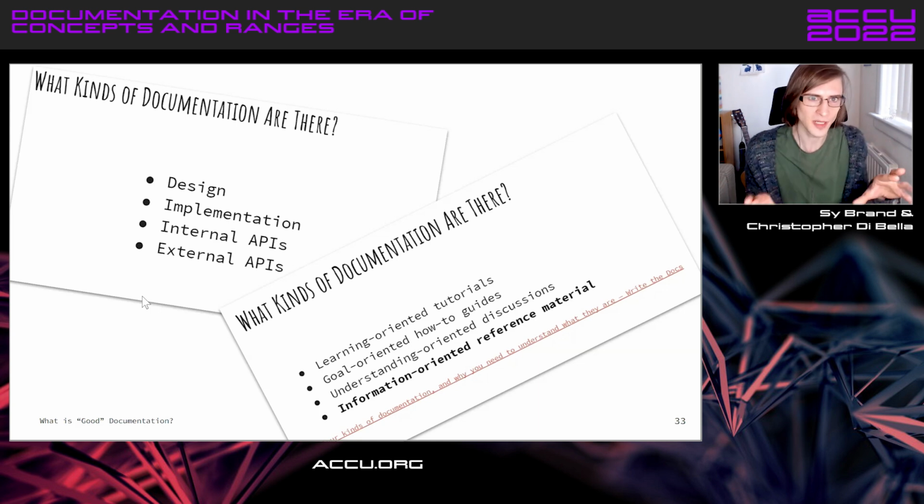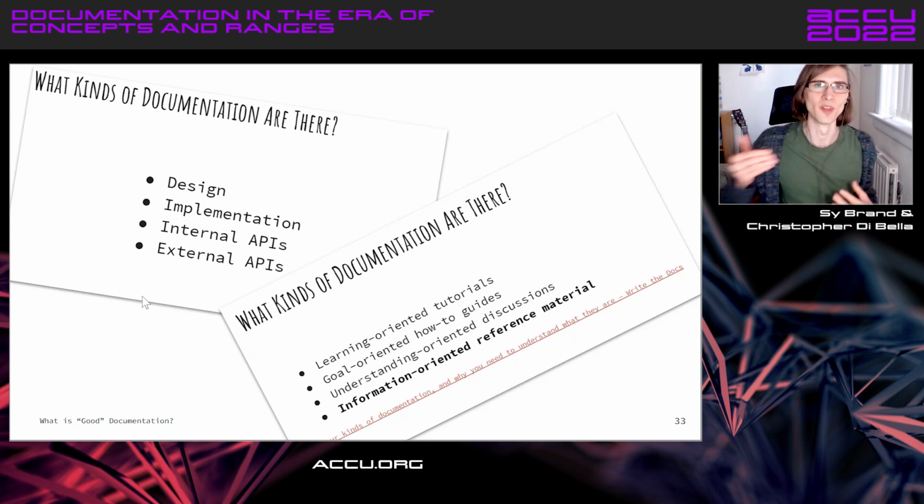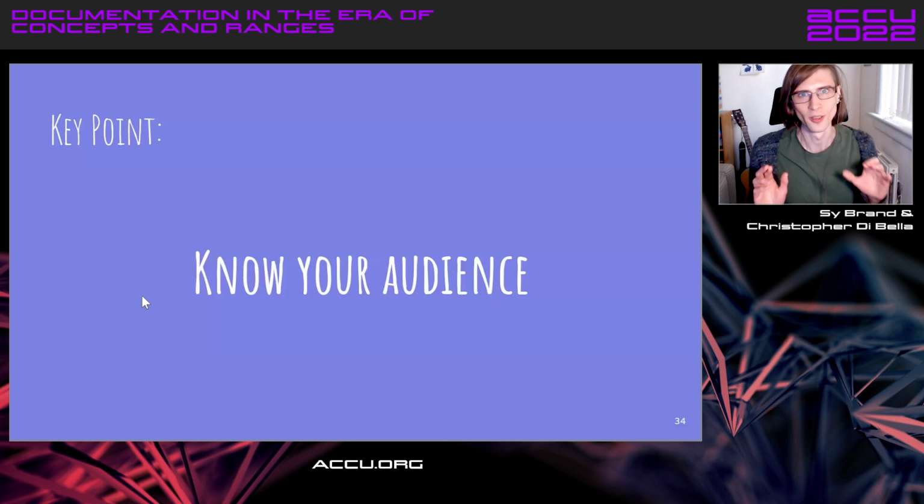These are for different people. So whenever you're writing any piece of documentation, you need to be thinking about who it's for and cater to them in the best way that you can. So this brings us to our first key point of the talk, which is know your audience: know who you're writing your documentation for, and make sure that it makes sense for them.